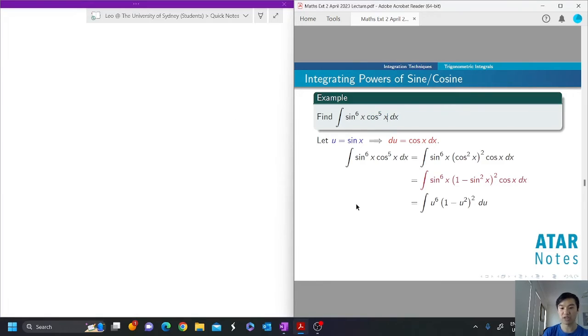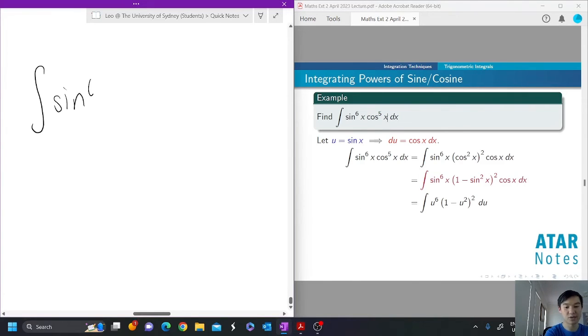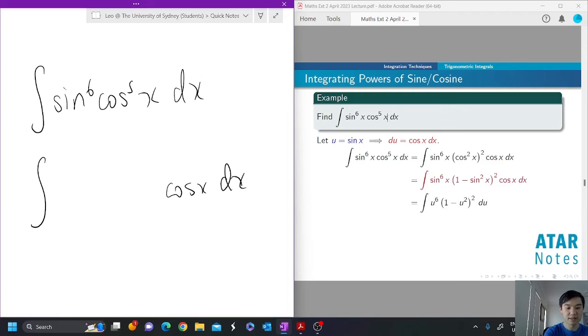So you can break it down, as listed on the slide, pulling out one of them. So you get a cos x dx, a sine to the power 6 x, and then we're left with a cos to the power of 4. Then you can use your substitution u equals sine x.